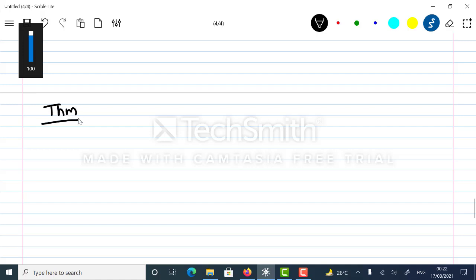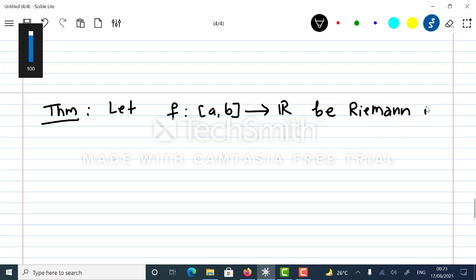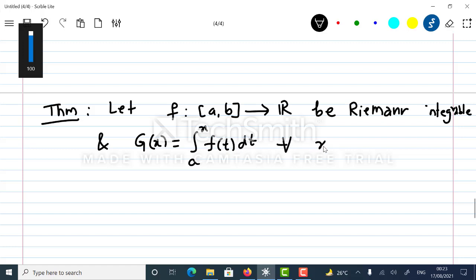The theorem is: let f from the closed interval a comma b to R be a Riemann integrable function, and g of x is given as the integral from a to x of f of t dt for all x between a to b.